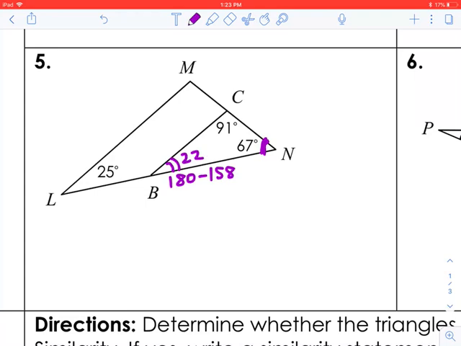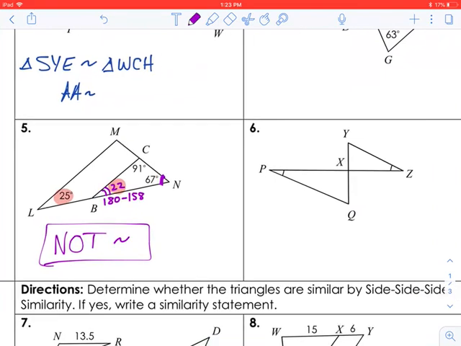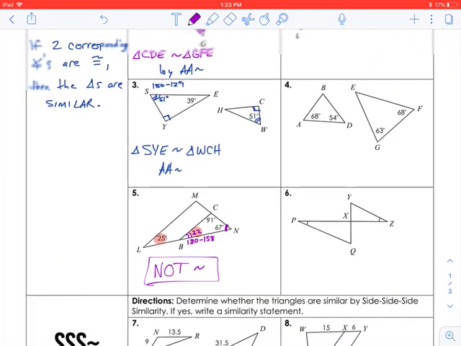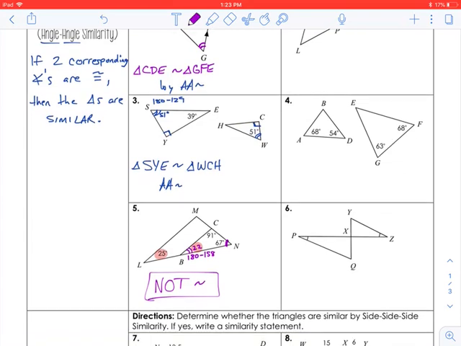Well, look at the angles we have. I've got 22 here and 25 here. Since those are not the same, these are not similar. We only found one angle that was the same. We can do those other two, but we'll do those later.